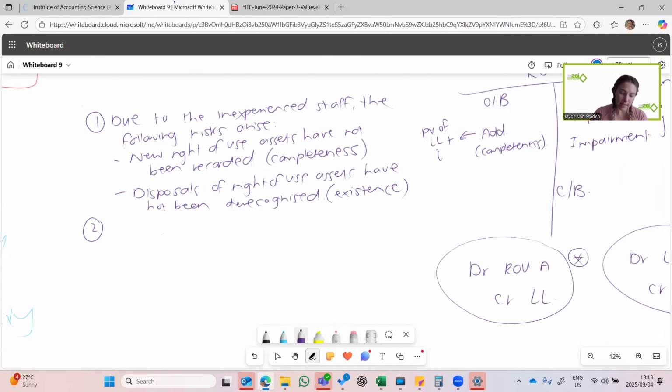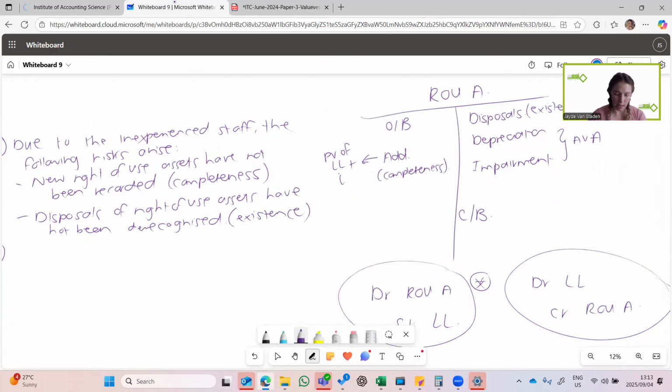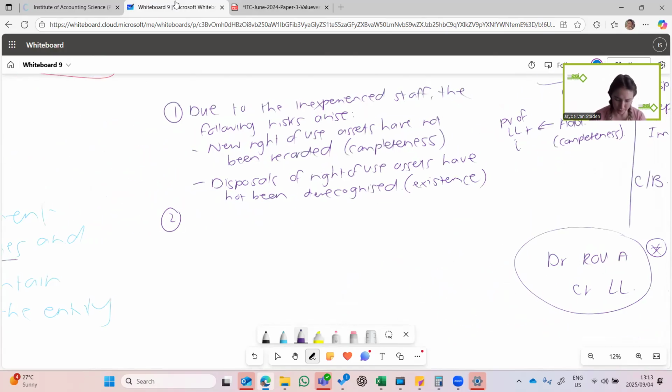Okay, then if we take a look at the depreciation and the impairment, right? So now we can say, okay, could be linked to the inexperienced staff, sure. But also, if you think about depreciation, it's going to be based on the value of the right of use asset, which is based on the value of the lease liability. So I'm thinking maybe complexity of IFRS.